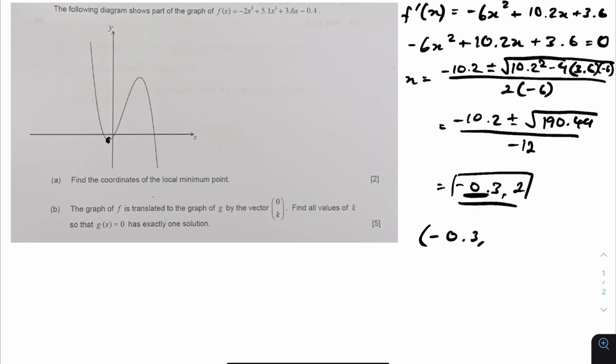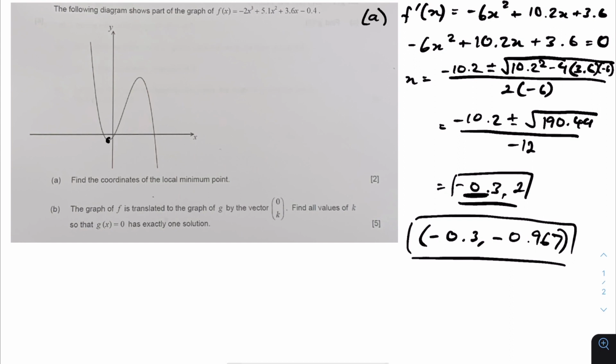That gives us negative 0.967. So for part A, this is our answer.